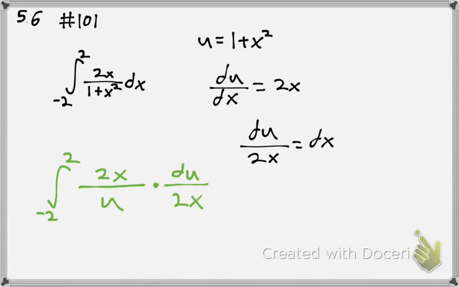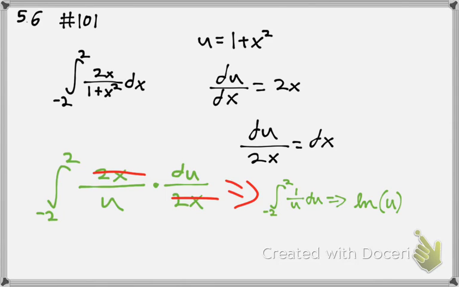So these two x's will cancel out, and so you're left with the integral from -2 to 2 of 1 over u du. And this is equal to the natural log of u from -2 to 2.